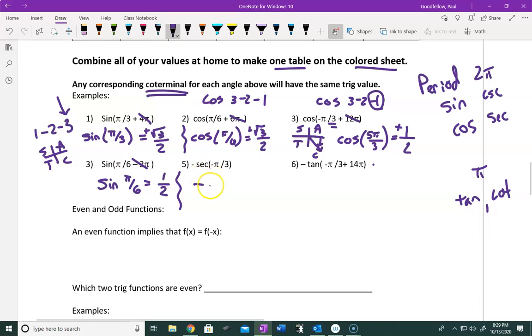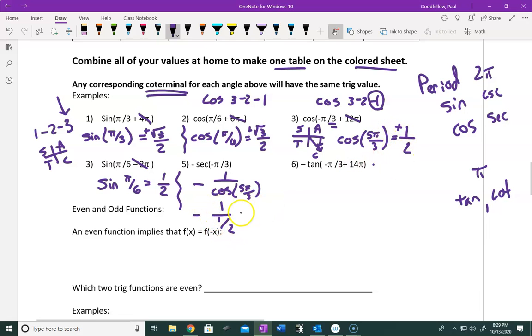Secant is really talking about the cosine answer, but you're going to flip it. So 1 over the cosine of, and we did the cosine of negative pi over 3, which was 5 pi over 3. So this is really negative of 1 over 1/2.